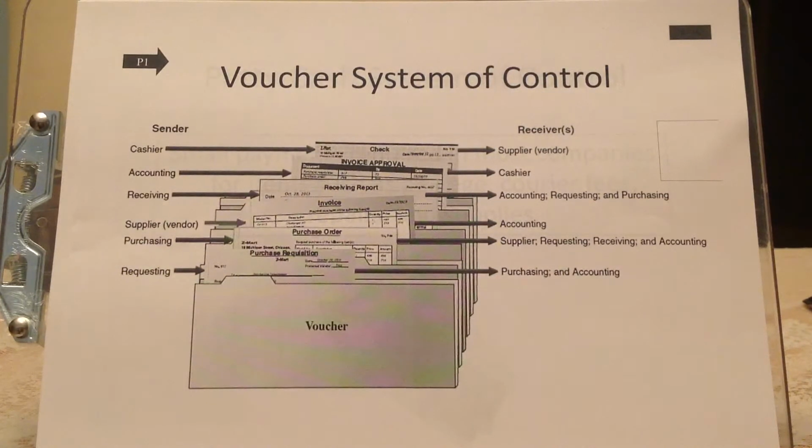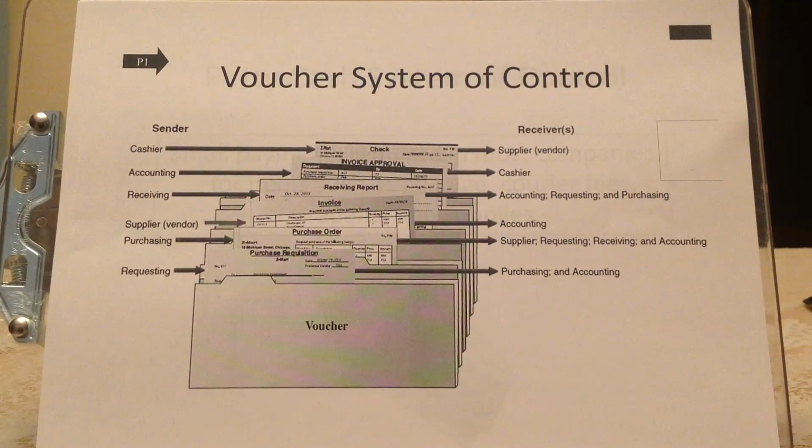So, the voucher system. On the sender side, you request a voucher for purchasing and accounting. Purchasing contacts the supplier, and the request is received in accounting. The suppliers are the vendors, and that goes to accounting. Receiving then sends a receiving report to accounting, and to purchasing.